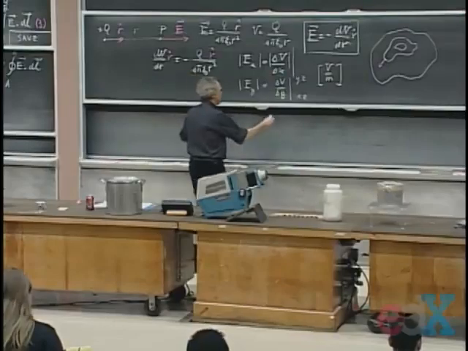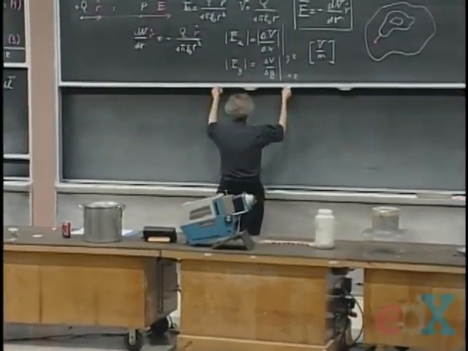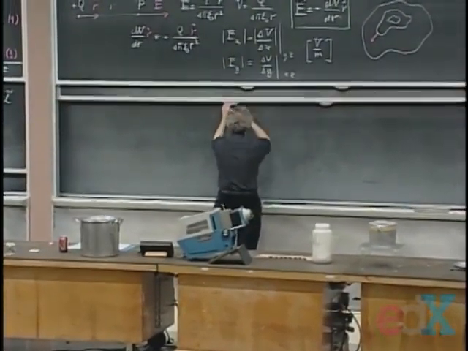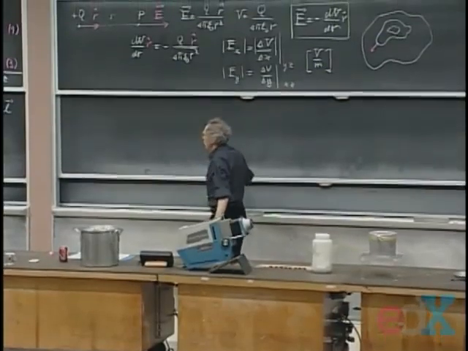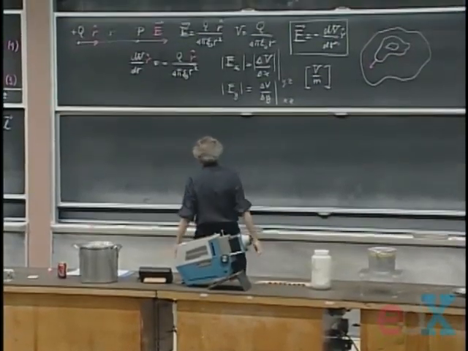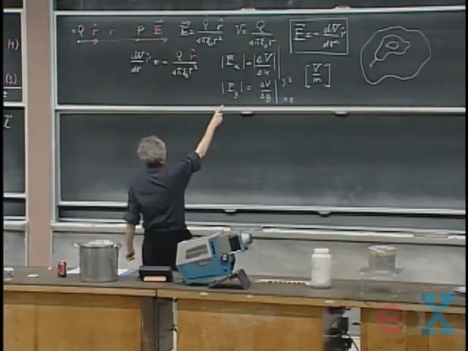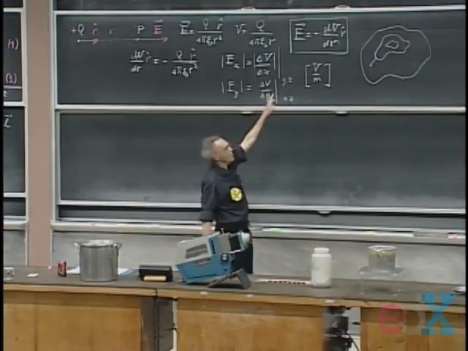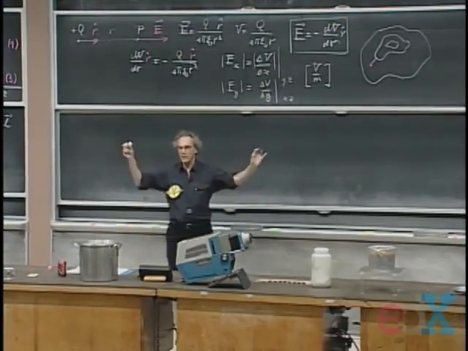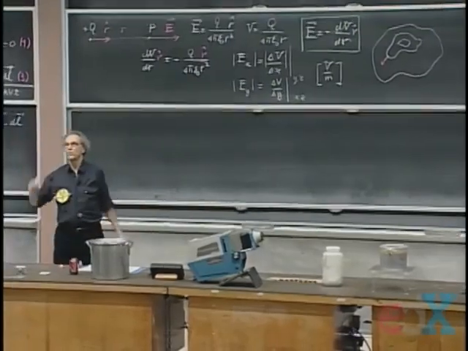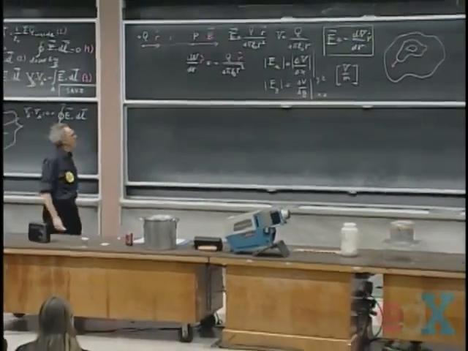So now I can write down the connection between electric field and potential in Cartesian coordinates. It looks much more scary than the nice way that I could write it down up there when I had only a function of distance r.